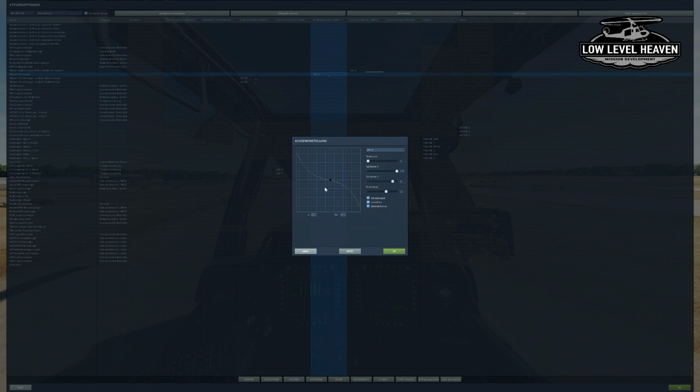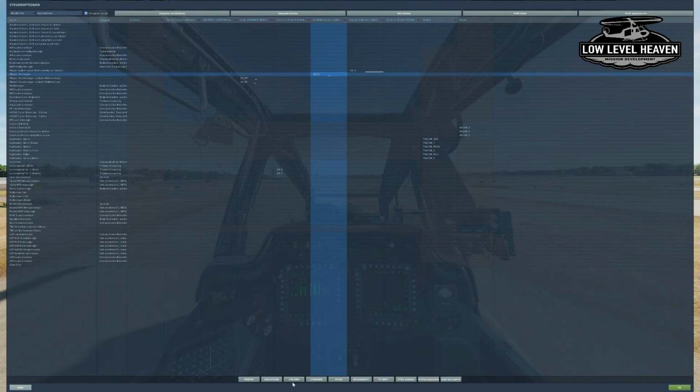And I added a little bit of curve to get a little bit smoother control in the center position, because the tail rotor in the Apache is pretty strong, and most problems during hover or during flight or during approach are related to over controlling on the tail rotor and not on the cyclic stick.